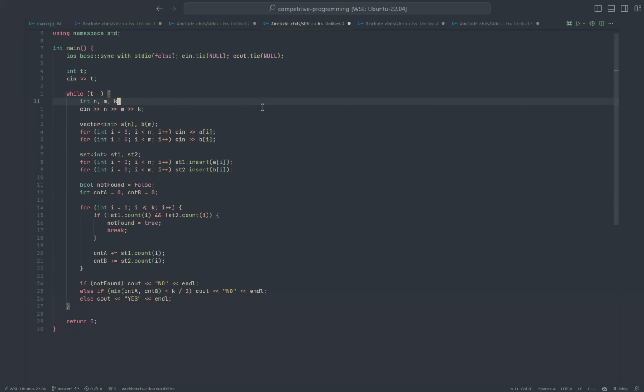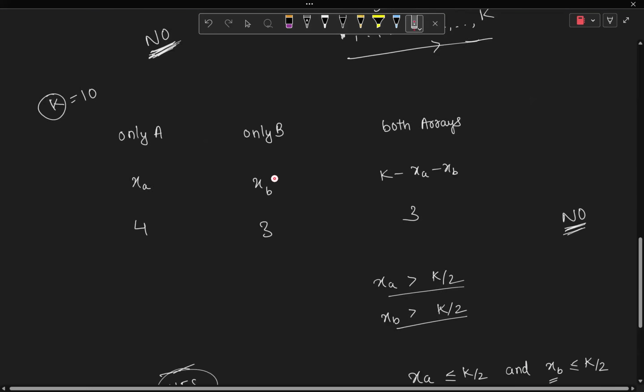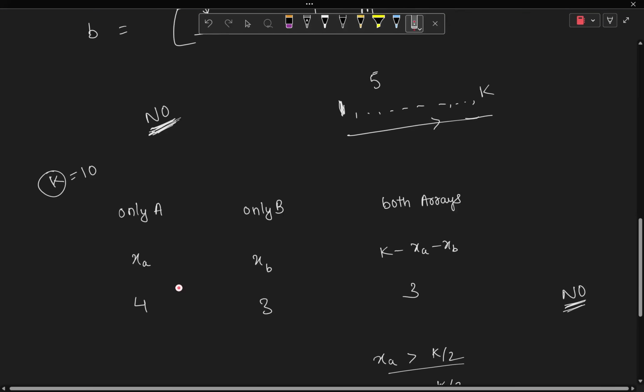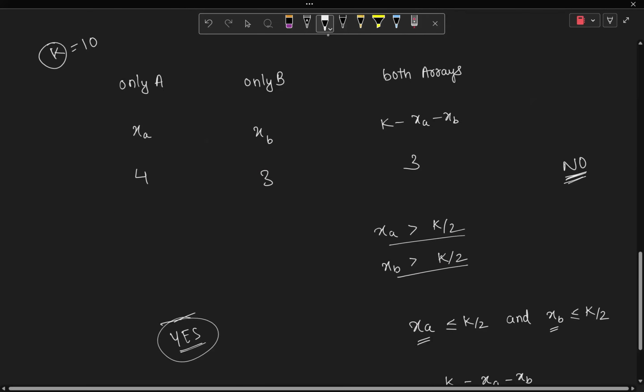Here for the test case of this problem, I will be taking up n, m and the two arrays as input. I always prefer to take up the inputs in the array even if I don't have to do anything with it. After that, you can do it in any way. You just want to find out the number of elements which are present in A and B, and there is a little change in my code.